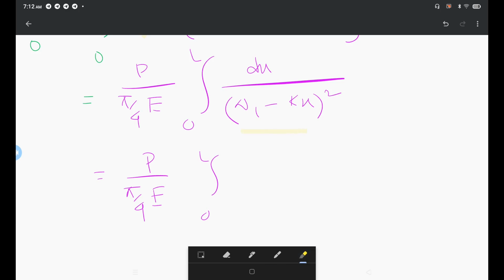When (d1 minus kx) whole square moves upwards, this will be (d1 minus kx) whole to the power minus 2 dx.